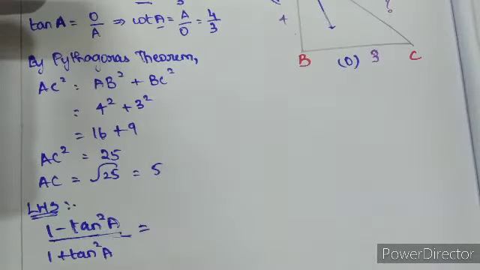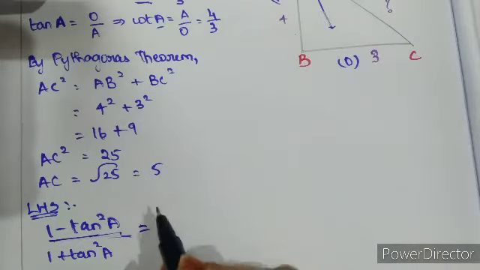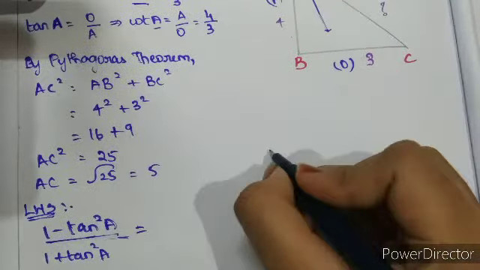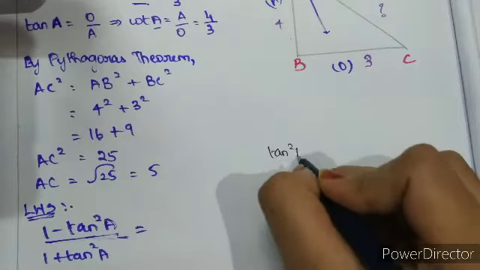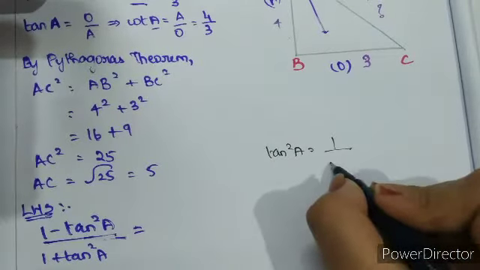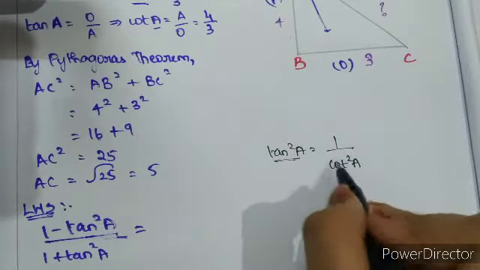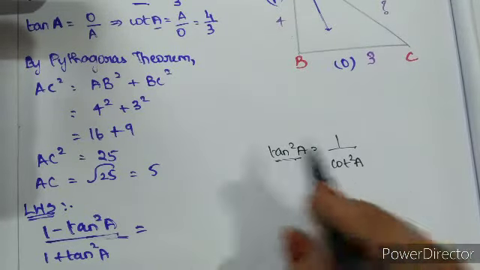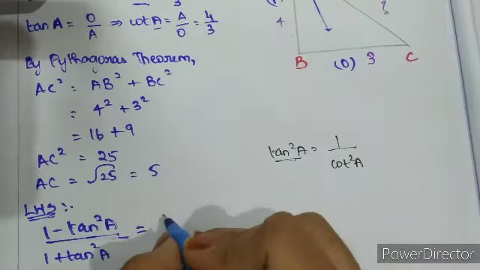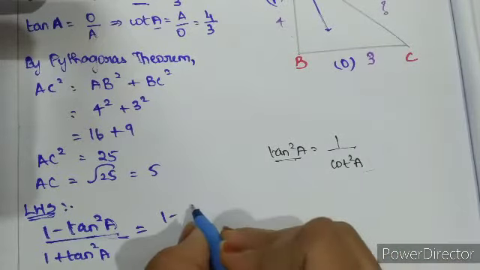Here we know that tan square A can be written as 1 by cot square A. See here, tan is the reciprocal of cot. They both are reciprocal to each other. So I am just substituting this here.